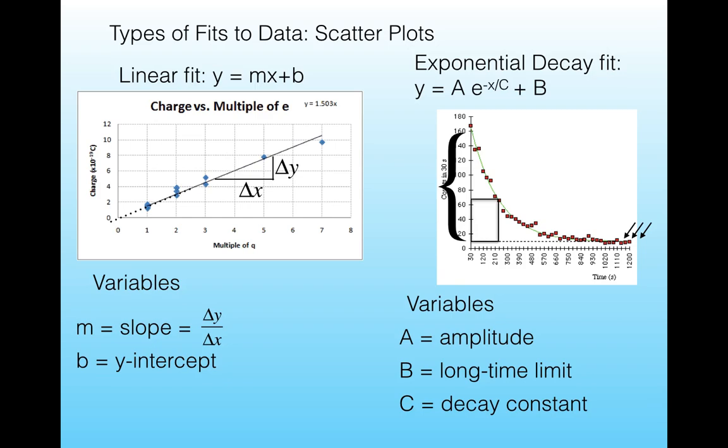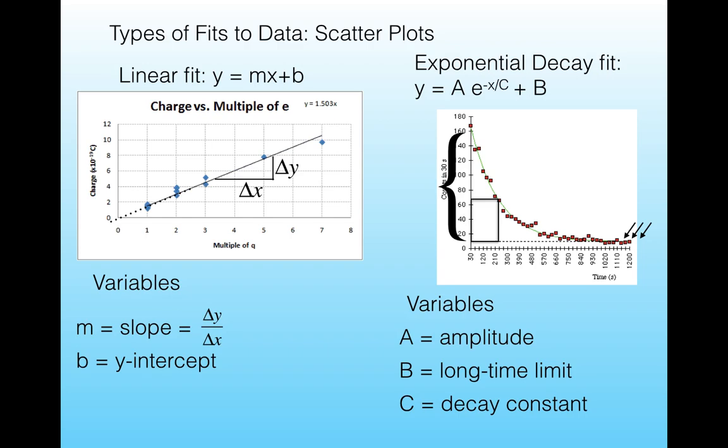And that's shown here with this box, where this box is showing you the location. If x equals c, then you have decayed by 1 over e, which is the height here. In this case, it's around 70 counts. And then the time of that exact location, which is around 240 seconds, that time is the characteristic decay time for this data set.